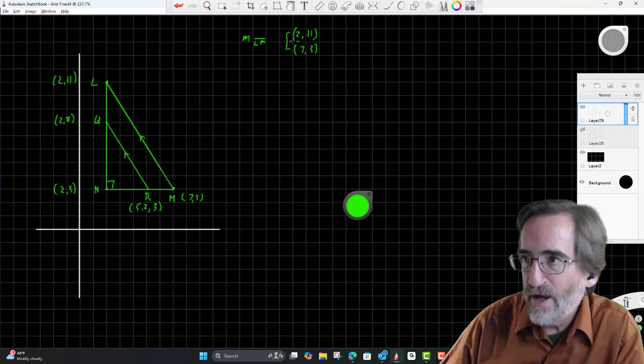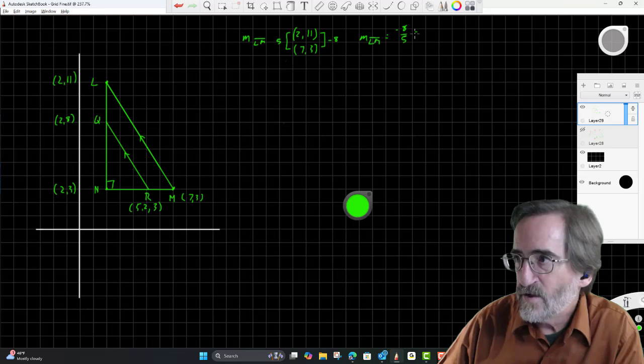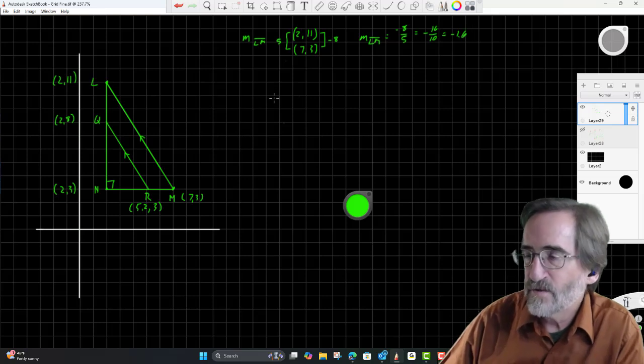Change in X is from 2 to 7, that's up 5. And from 11 to 3, that is down 8. So the slope of LM is going to be negative 8 over 5. Double that, that's going to be negative 16 over 10, or negative 1.6.